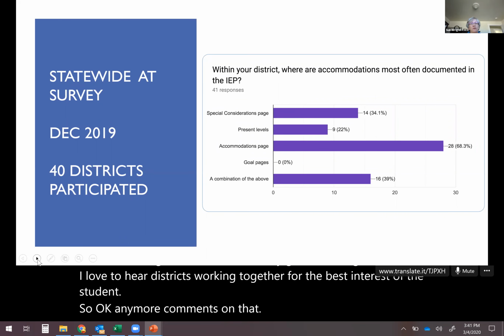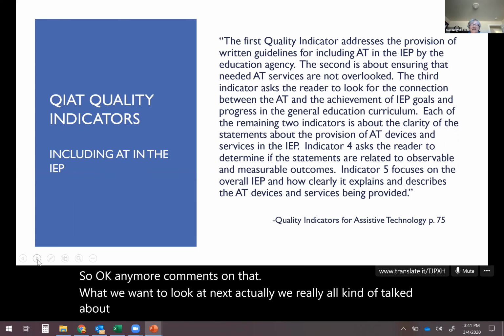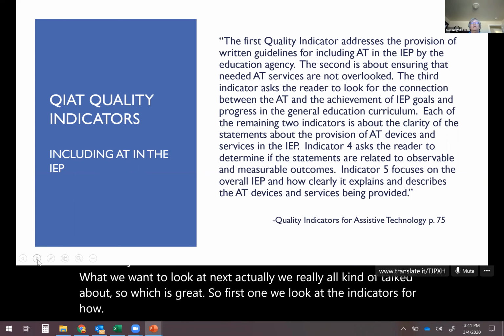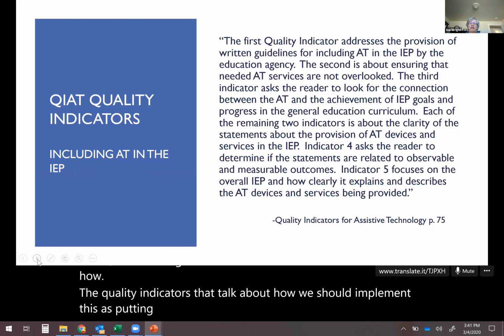What we want to look at next, actually, we really all kind of talked about, which is great. First, when we look at the quality indicators that talk about how we should implement putting the AT in the IEP, there are 5 indicators, I believe.